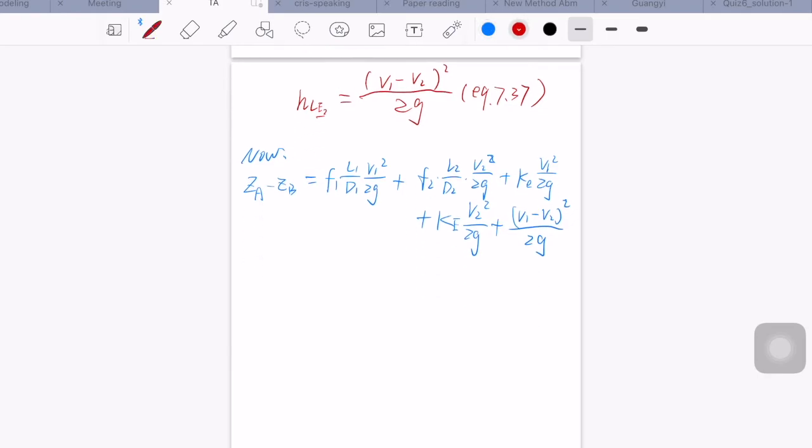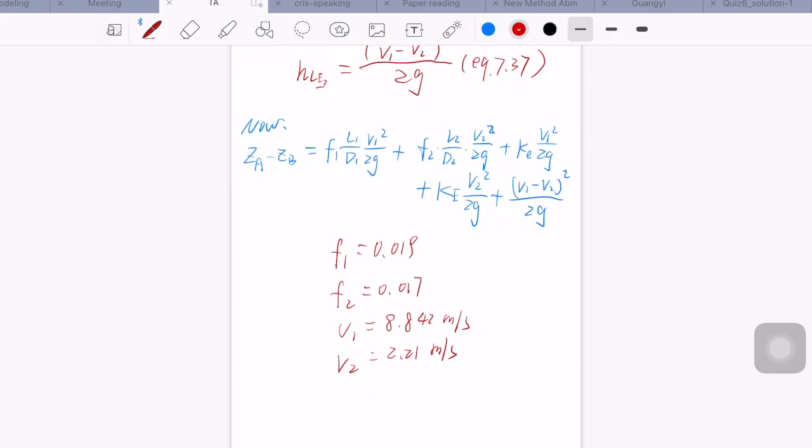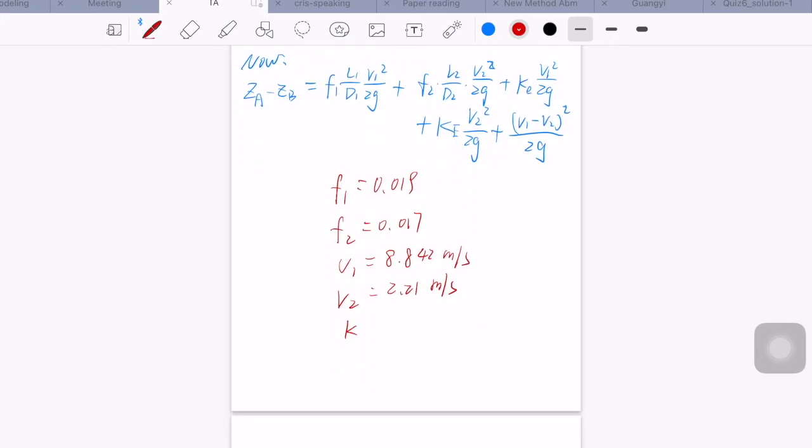And we know that F1 is 0.019, which we have calculated before, and F2 equals 0.017, and V1 is 8.842 meters per second, V2 is 2.21 meters per second, and k lowercase e equals 0.5, and k uppercase E equals 1.